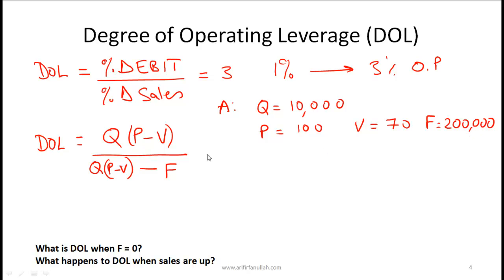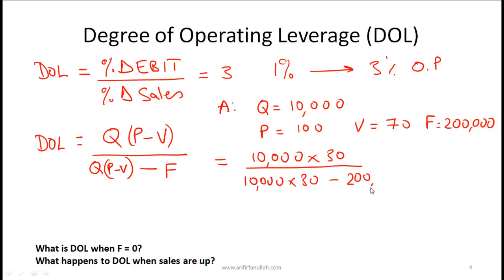Now given the formula, the degree of operating leverage will be 10,000 multiplied by the contribution, P minus V, which is 30, divided by again Q times (P minus V), so 10,000 times 30, minus the fixed costs, which are 200,000.